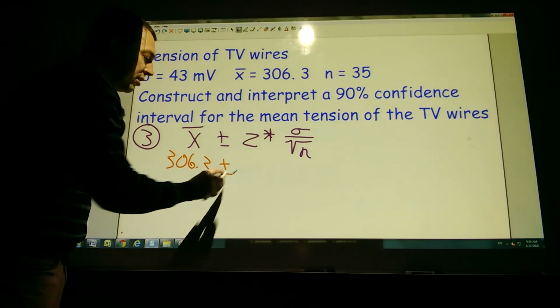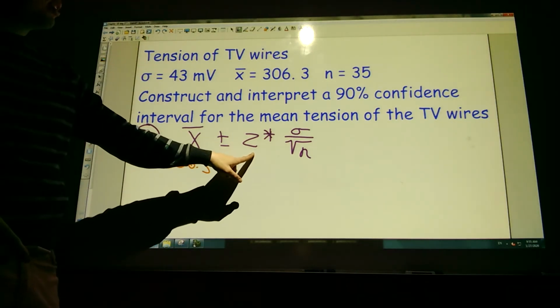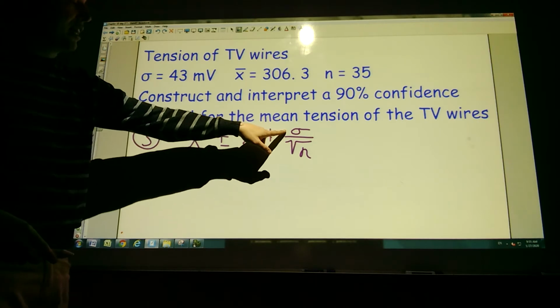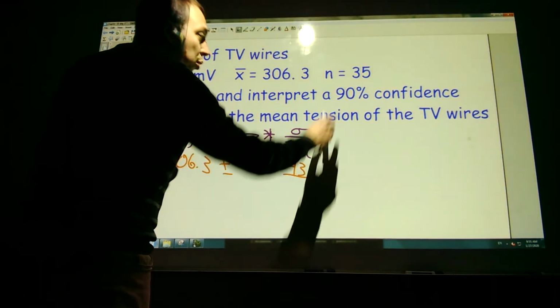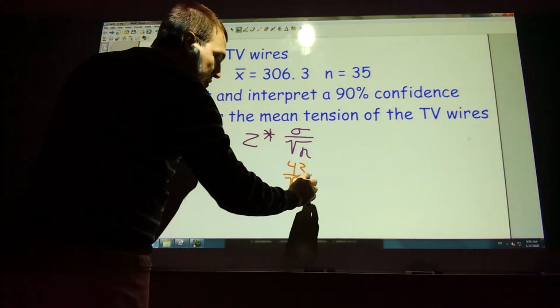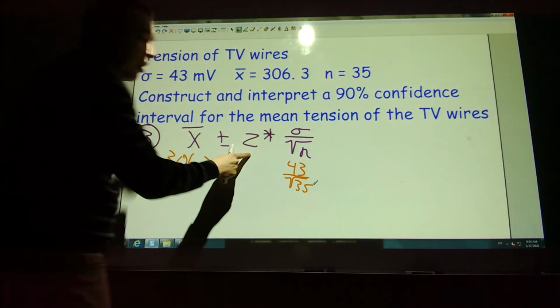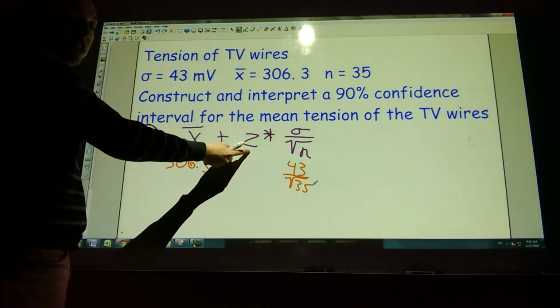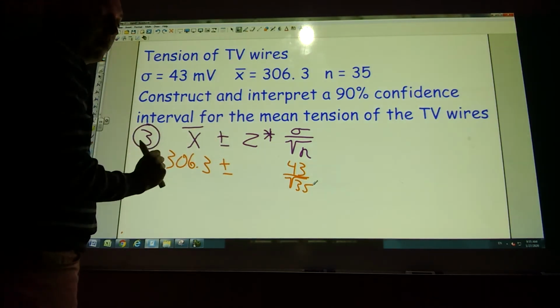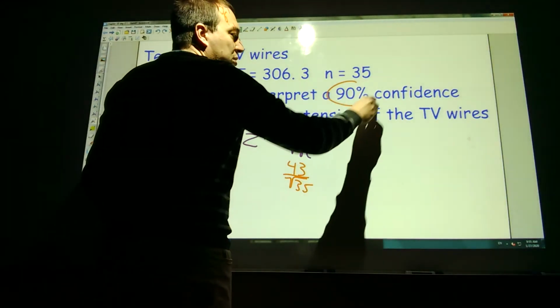Plus or minus, we'll come back to Z star momentarily. The population standard deviation, they have to give that to you. That's 43. And the square root of n, square root of 35. Z star tells us how many standard deviations do we want to go. In this problem, they want a 90% confidence interval.